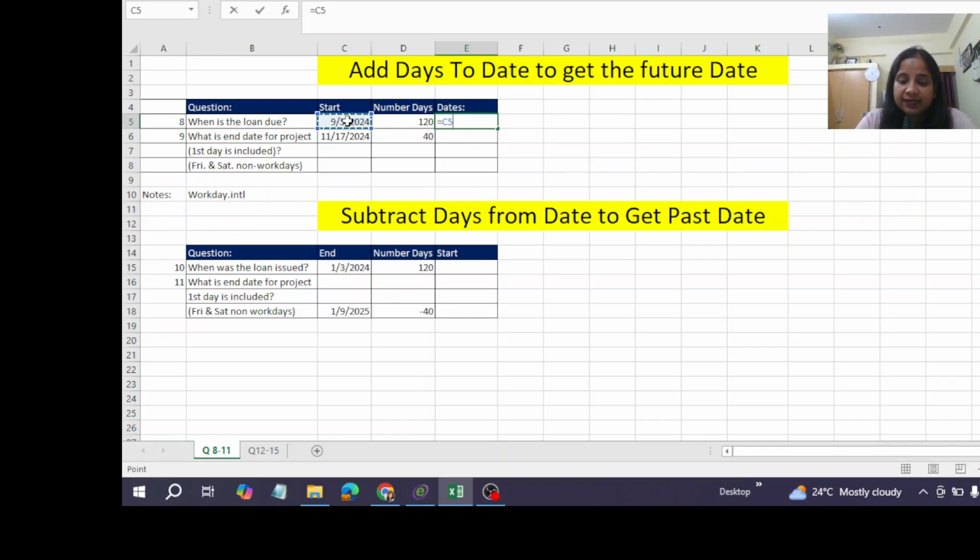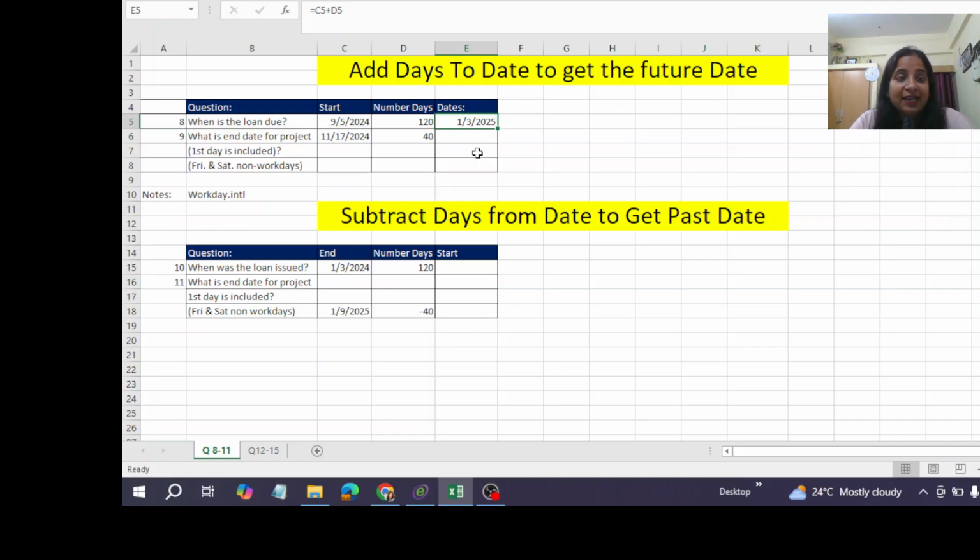To the start date we will add the number of days of the loan. Control Enter, and this is the date, 3rd of January 2025, when the loan is due.